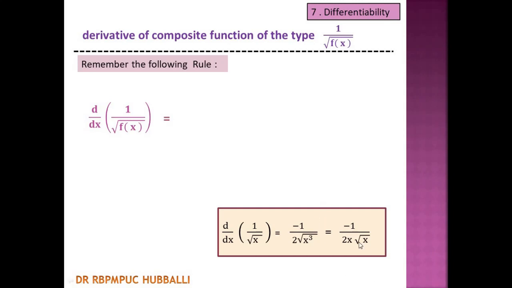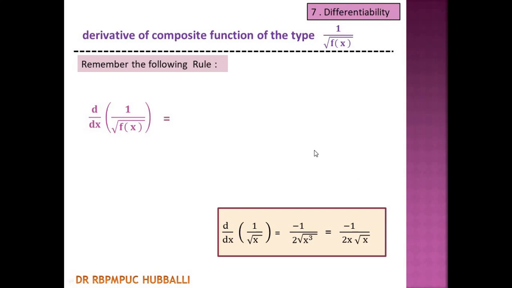Otherwise, following this one, minus 1 by 2 f of x root f of x into d by dx of f of x. It is the same technique. First we follow the main standard function formula, then into d by dx of f of x, the composite variable.